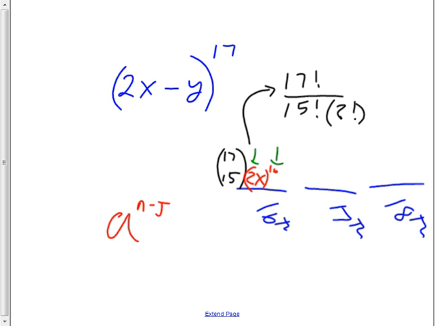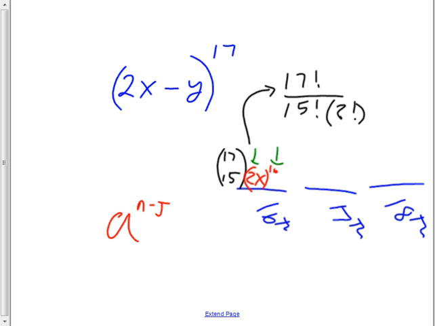So let me think. So I think you're off one. Here's the way I would do it, and you tell me if this makes sense to you.